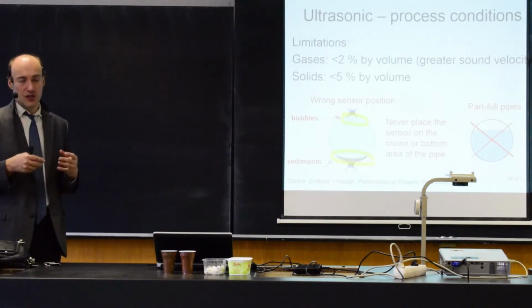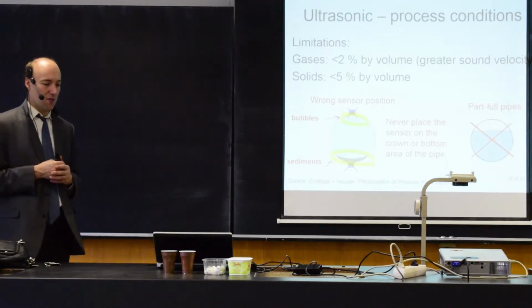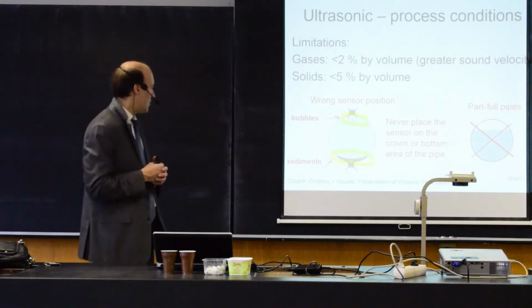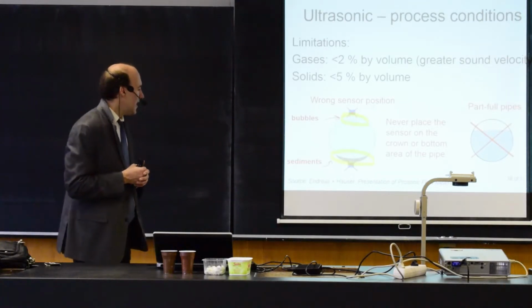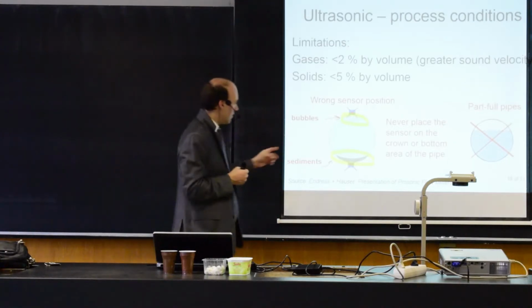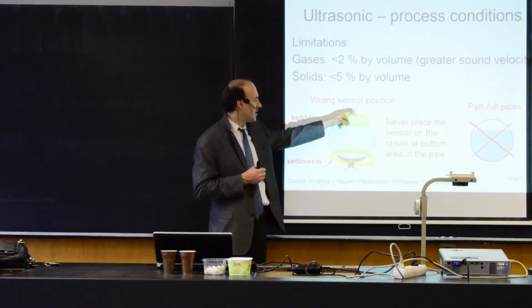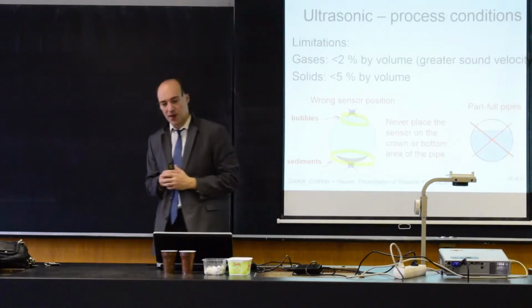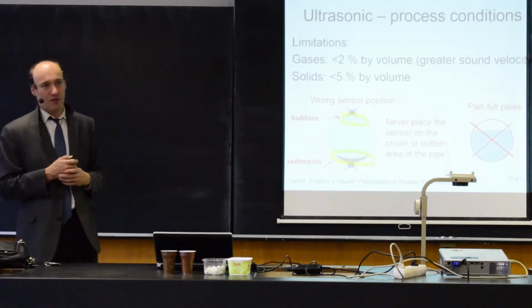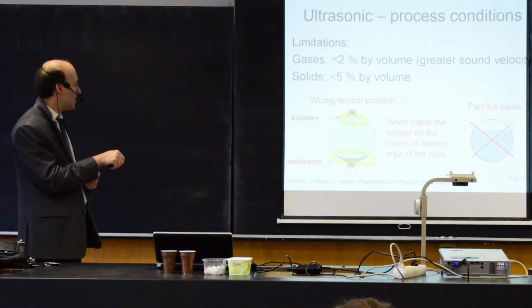For the same reasons, the particles will block the transmission of ultrasound. You should not place the sensor on top of the pipe, simply because of the bubbles. So this is what happens here.